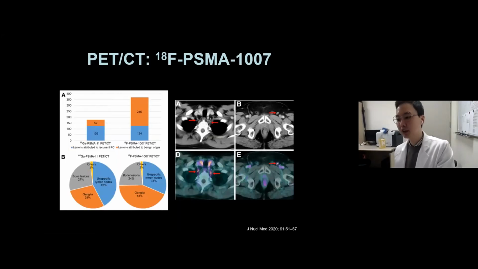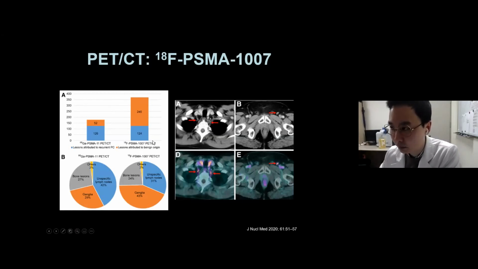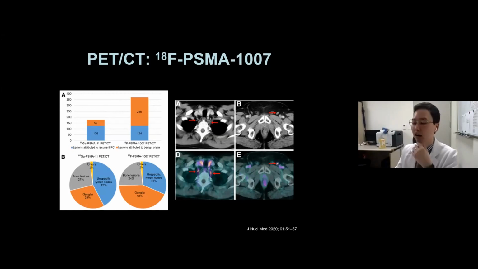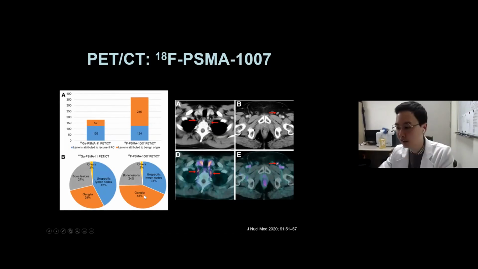However, there are some concerns, because it has been reported that PSMA can have an ability to detect more lesions. However, these lesions may end up as false positives. The most prevalent pitfall lesions were the cervical, celiac, or sacral ganglia.